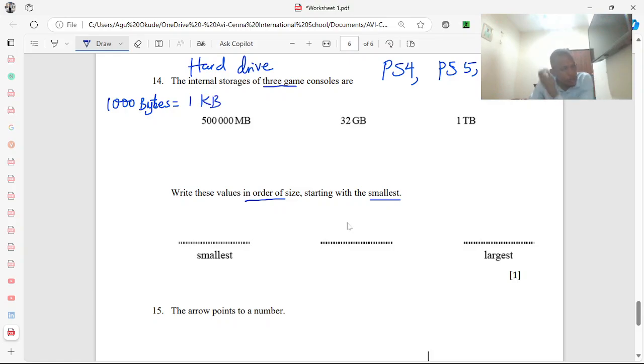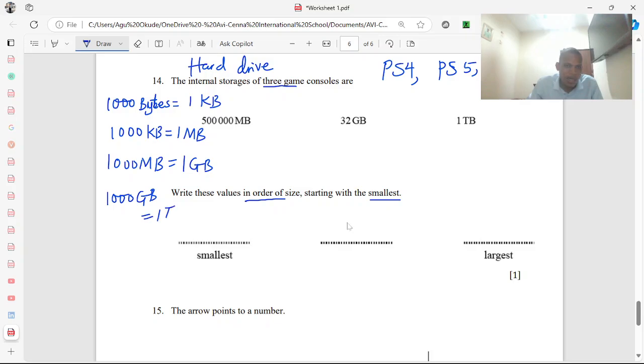So this is a conversion factor. Then 1000 kilobytes is equal to 1 megabyte. Then 1000 megabytes make 1 gigabyte. Then 1000 gigabytes makes 1 terabyte. We have other ones, but let's stop here. So this is the conversion scale or factor that you should know, please.